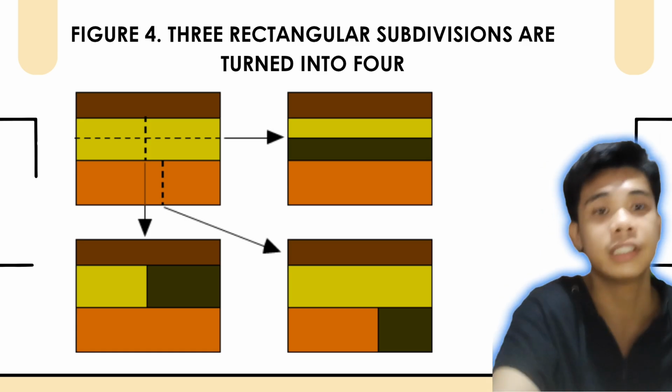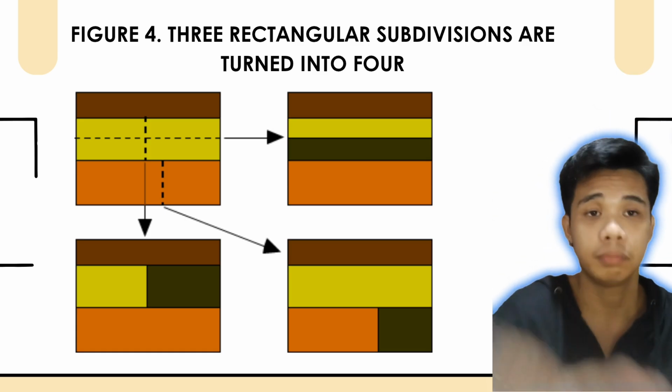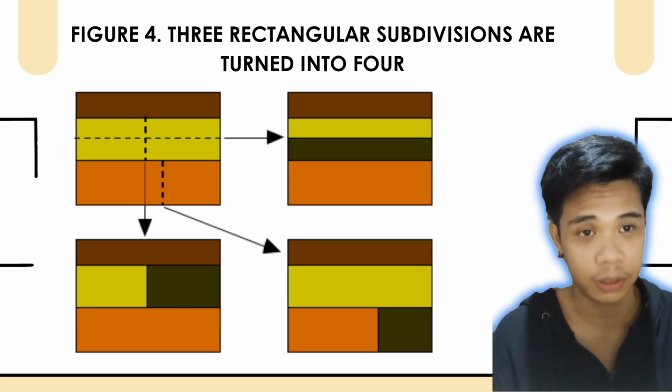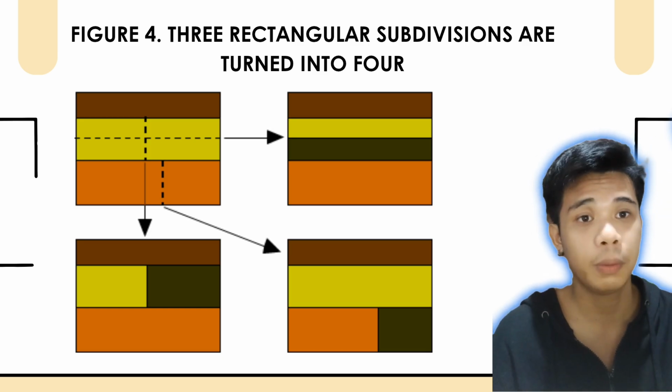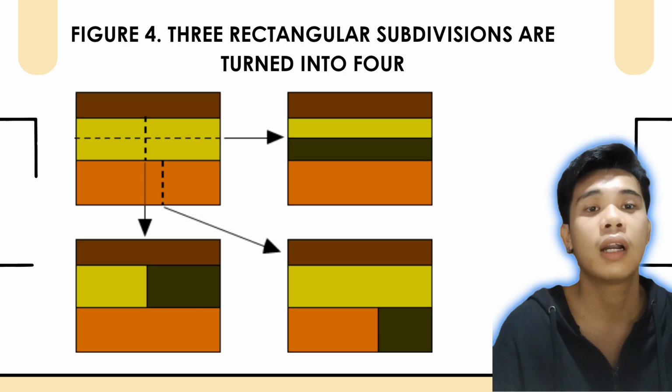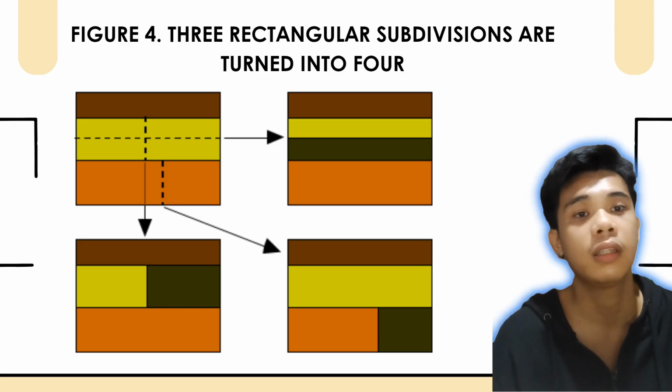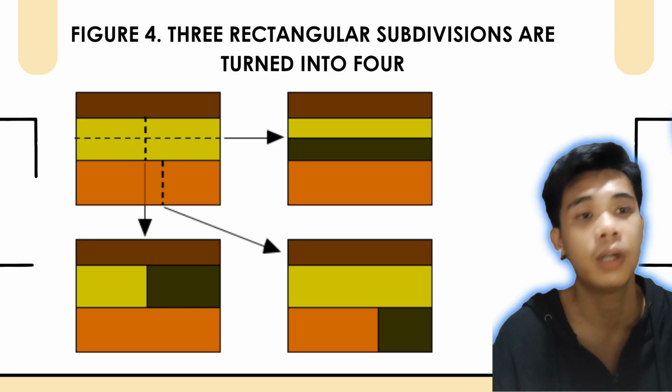Now from this rectangle, we only have three subdivisions. Now how do we make it four? There are obviously infinite solutions on making it a subdivision of four, but these are just some of them.